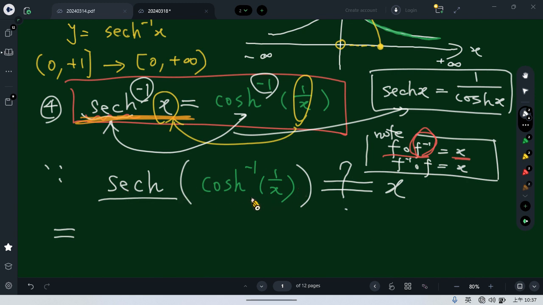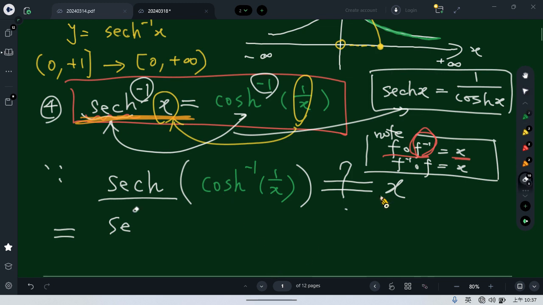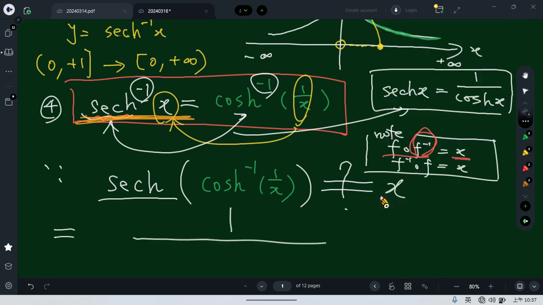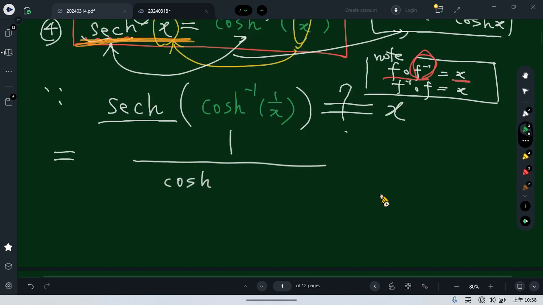After I compose them together, you will see it will be 1 over hyperbolic cosine of arc hyperbolic cosine of 1 over x, right?